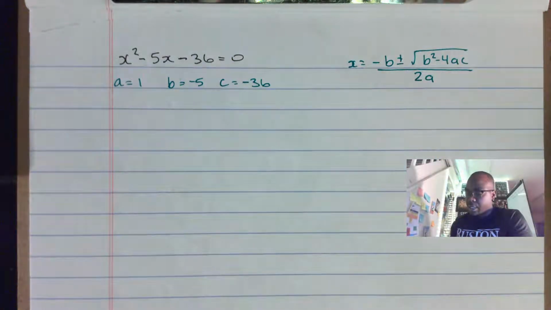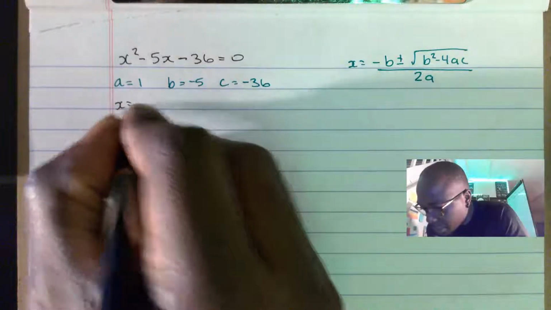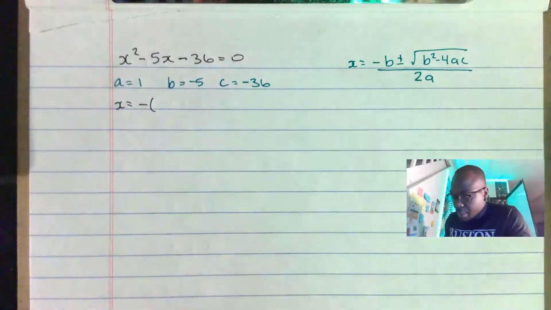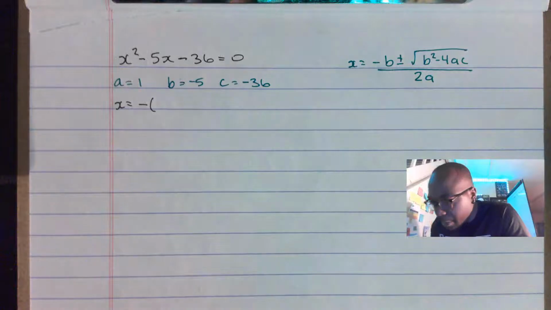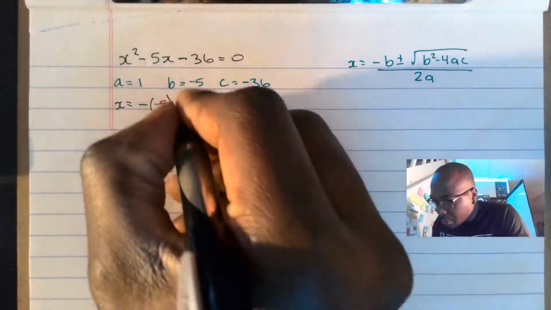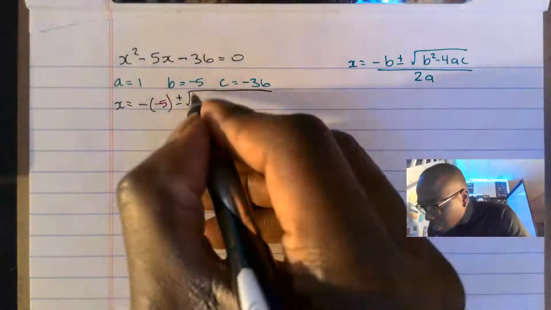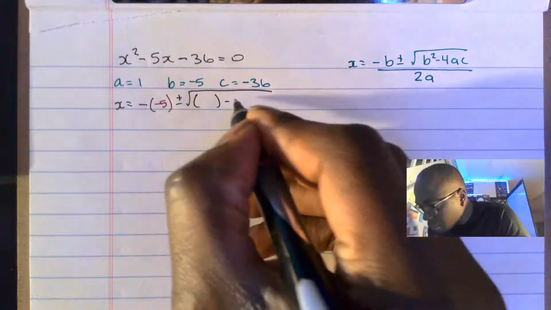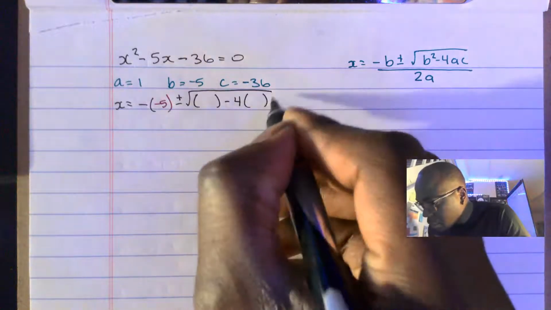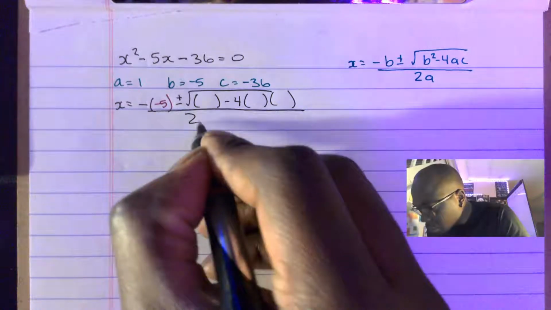If I plug these values in, x is equal to negative whatever b is, and in this case b is -5, plus or minus the square root of b squared minus 4 times a times c, all over 2 times a.